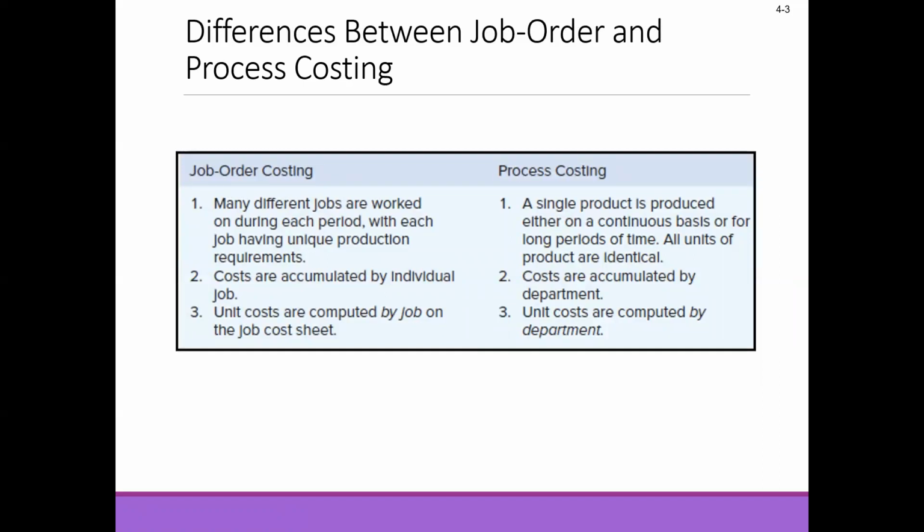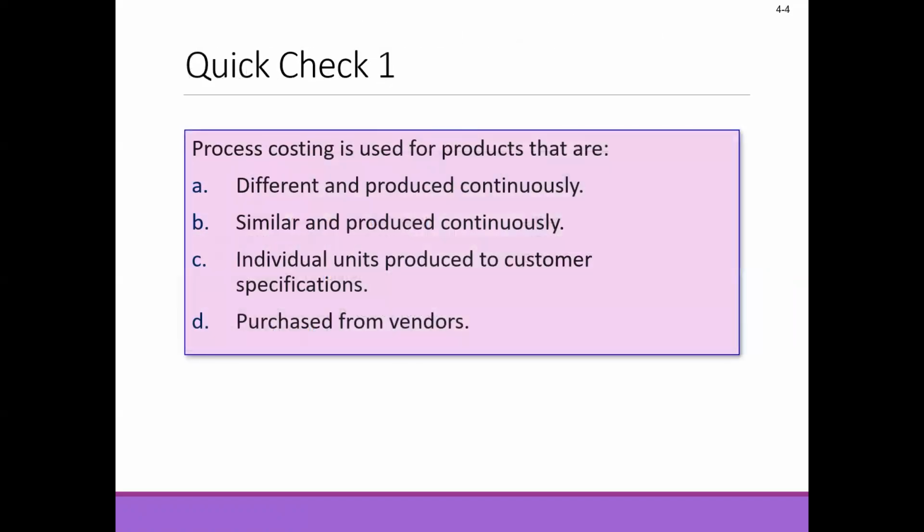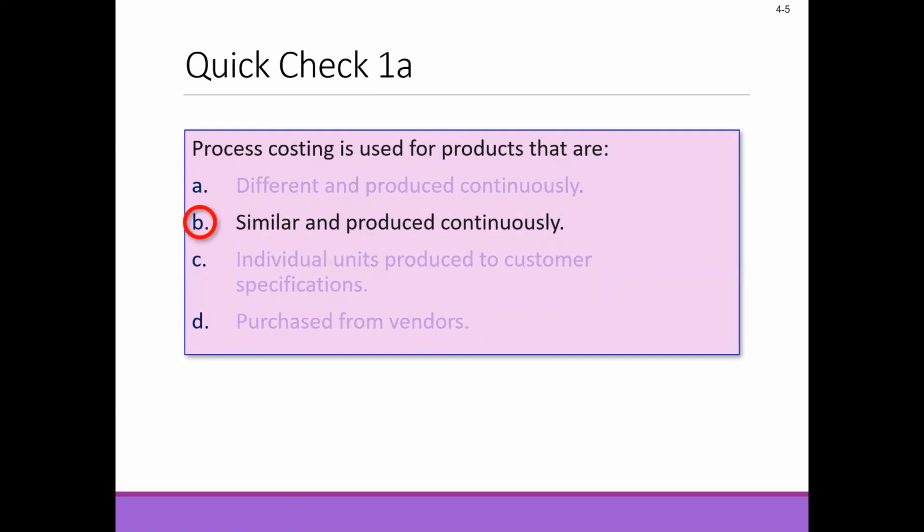So we're dealing with oil, milk, shampoo, items that have a lot of volume, identical processes. Process costing is used for products that are similar and produced continuously.